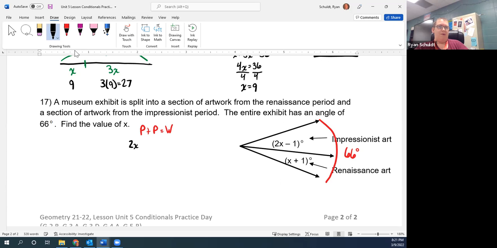So 2X minus 1 plus X plus 1 equals 66. Now we want to combine like terms. 2X plus X gives us 3X. Negative 1 plus 1, those cancel. So 3X equals 66. Divide by 3, and we get X equals 22. That's all they ask us to find. The value of X. We're done.